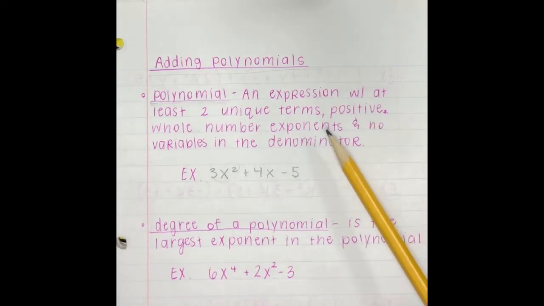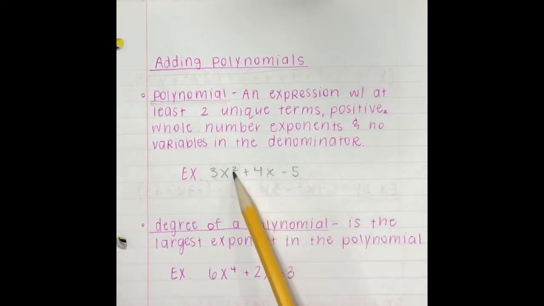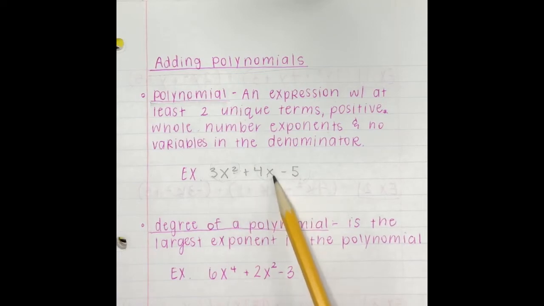They're positive whole number exponents. So my exponent of 2 on my x is positive and a whole number. On this x, you don't see an exponent, but you know there's really a 1 there.